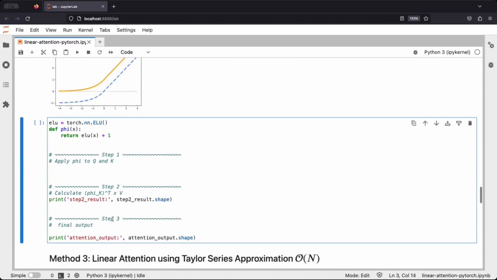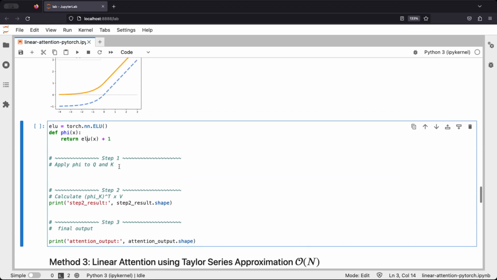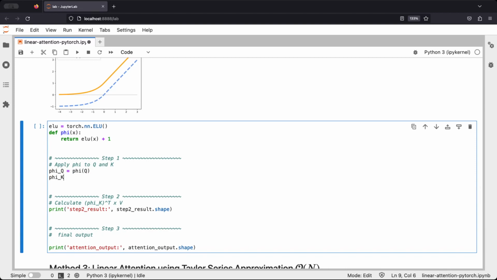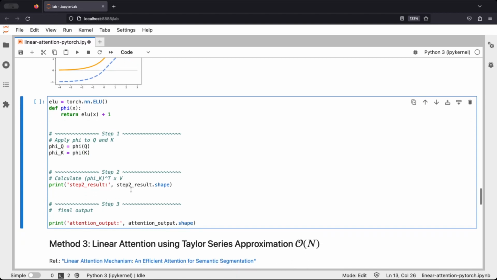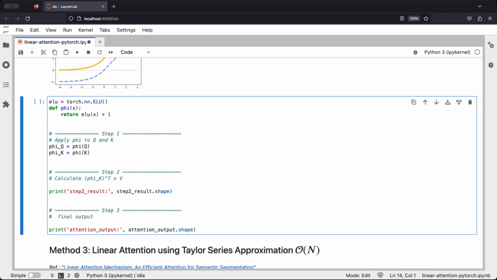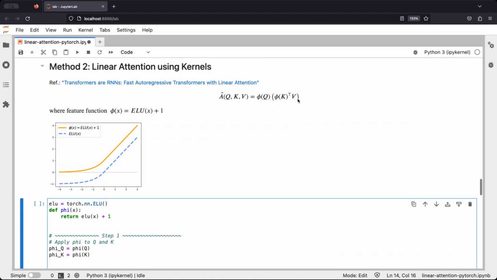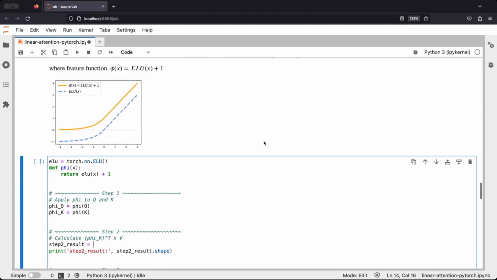So now we do this in these 3 steps. At first we apply phi to q and k. So we say phi of q equals phi of q, phi underscore k equals phi of k. And then we move to step 2, we compute the step 2 result. That is, phi of k transpose times v.